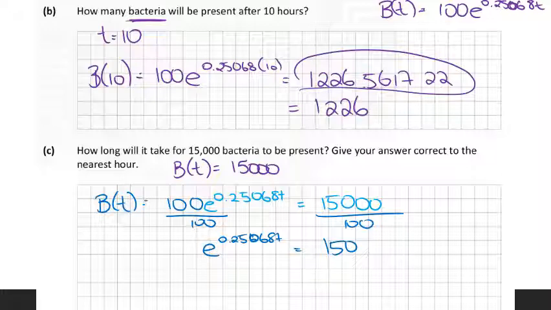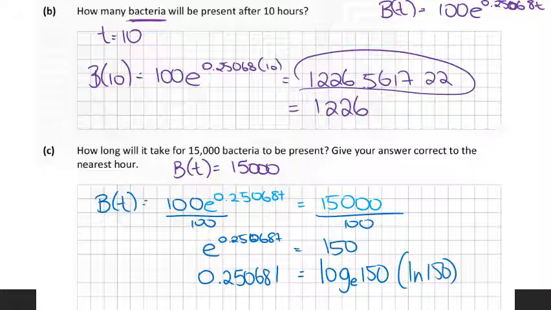So if I use log to the base e of 150, or the natural log of 150, that leaves me with getting at the power. Then I can divide across by 0.25068. So I have log to the base e of 150 all over 0.25068. Put that all into your calculator.